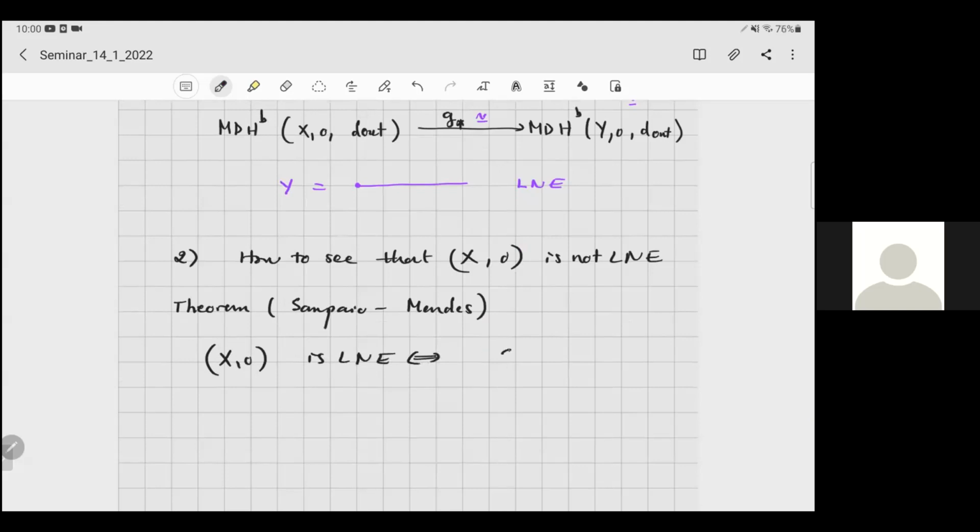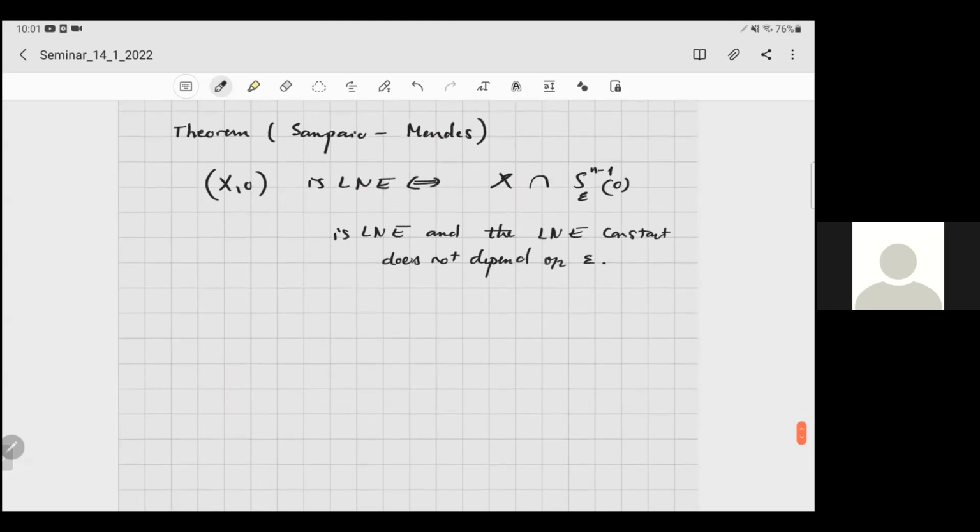It means X intersect with the sphere of radius epsilon is LNE and the LNE constant does not depend on the choice of epsilon. So if you want to check the LNE of the germ, you only check the LNE of the link and check that the LNE constant is uniform.